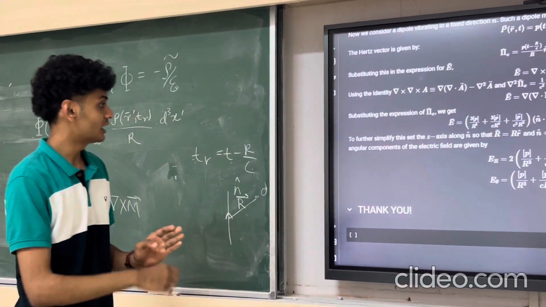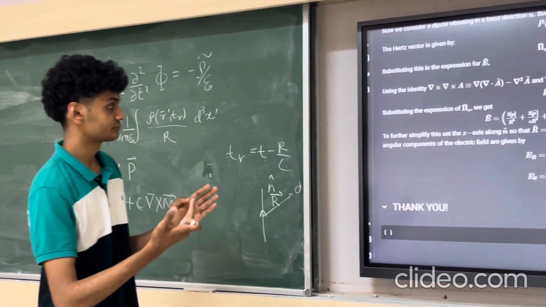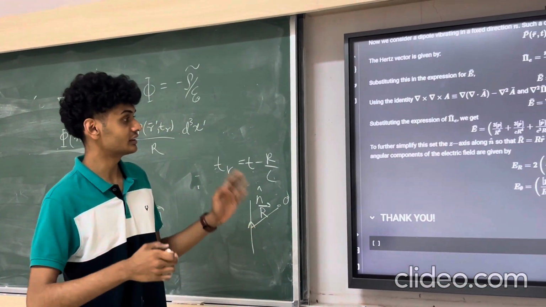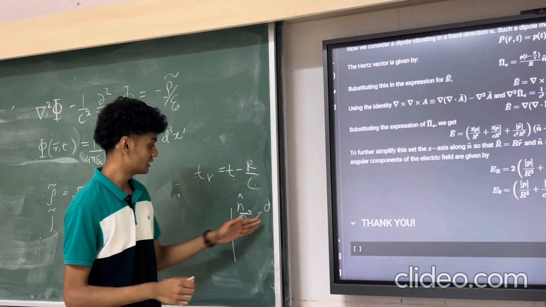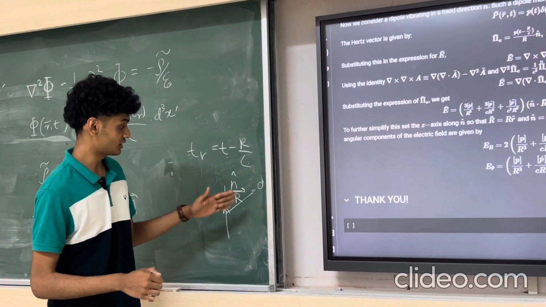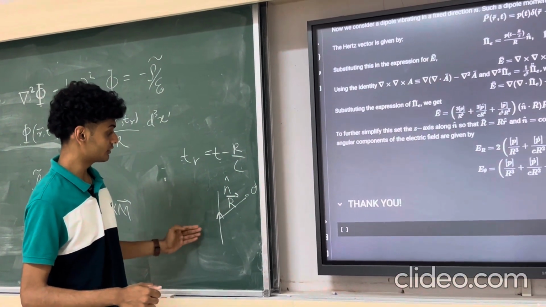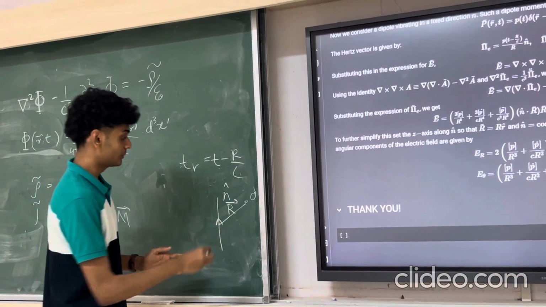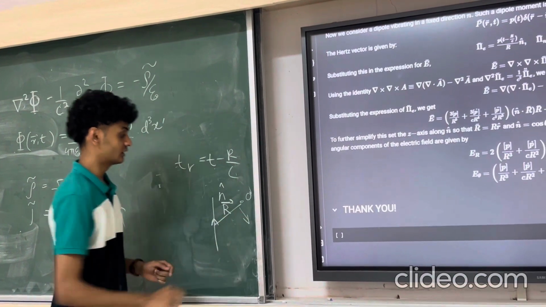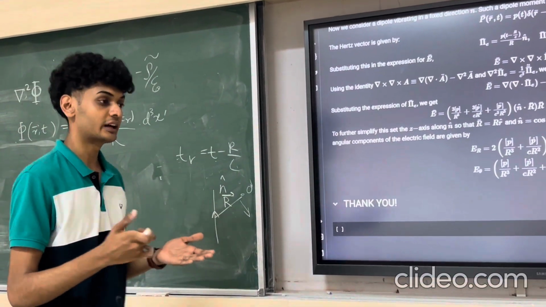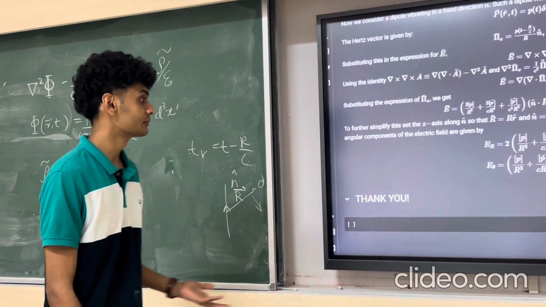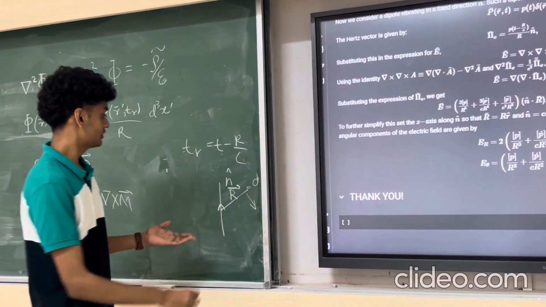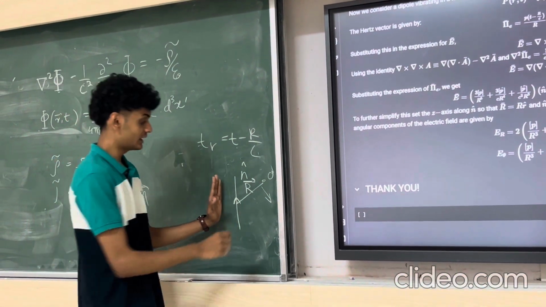I want to write this electric field in two components: one along the radial direction, along the direction of the observation point from the dipole, and the other perpendicular to it. So similar to how we write the electric field in the case of an electrostatic dipole, we consider our z-axis along the n hat direction.